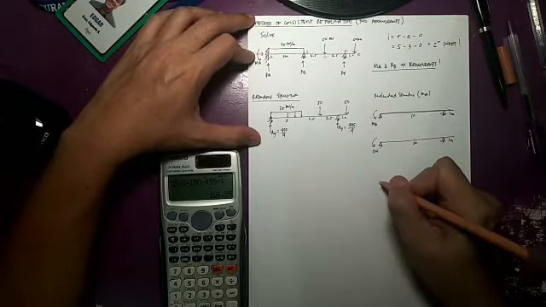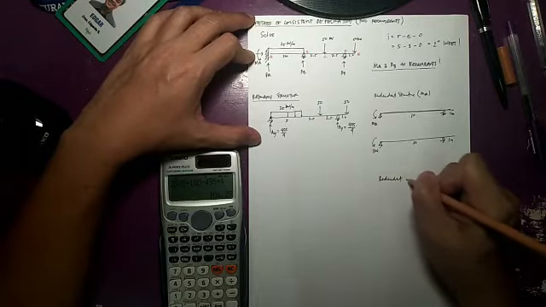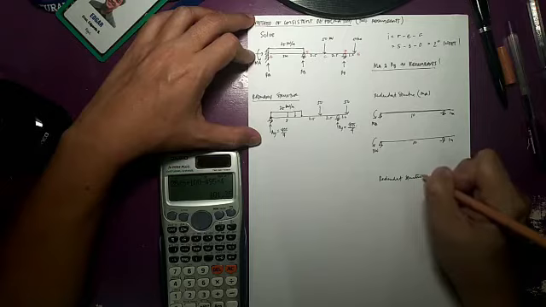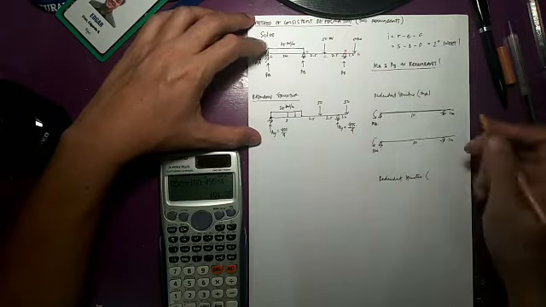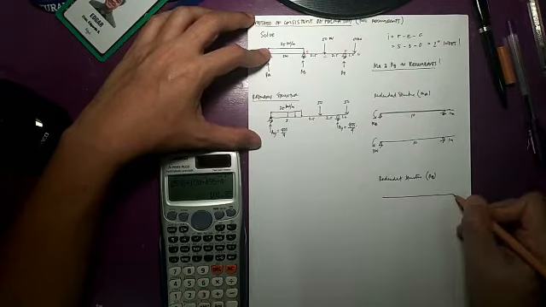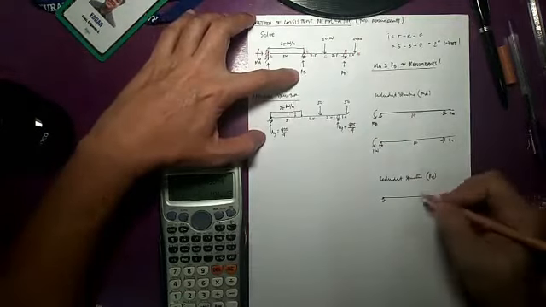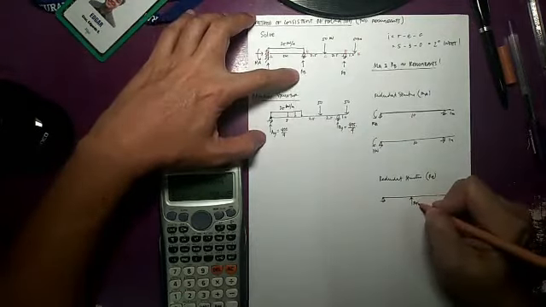Then we will also consider another redundant structure. This time it is based on the second redundant, RB. For RB, I'll be putting back RB there.